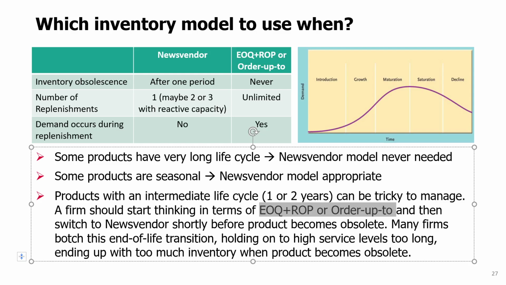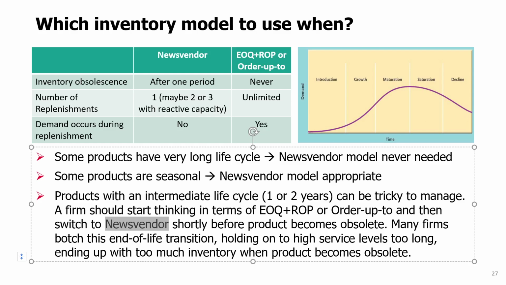When you approach obsolescence, you should start thinking in terms of the newsvendor model. Why? Because close to decline, you will actually discover that if you are left with many units of the product, you will not be able to sell them at the full price, and therefore you will have a very high cost of leftover inventory, a cost related to the fact that now you have to decrease the price and maybe even sell them at a loss, right?